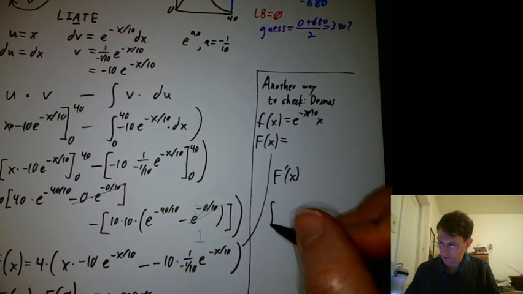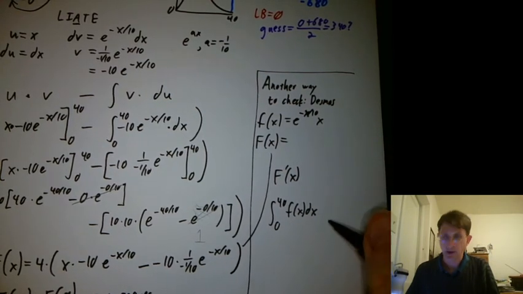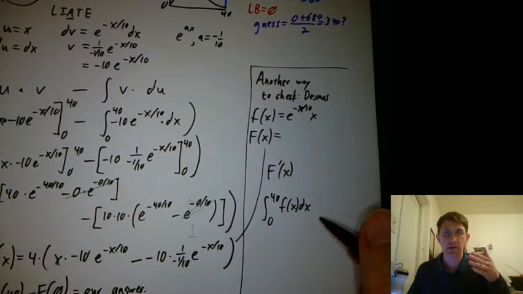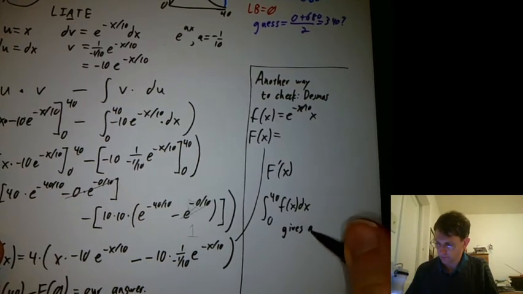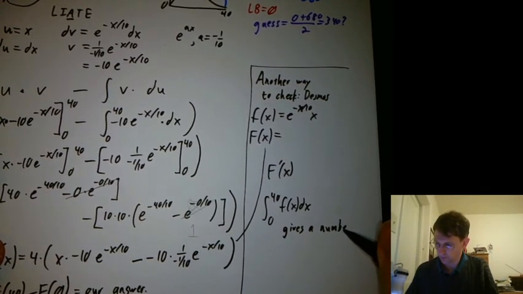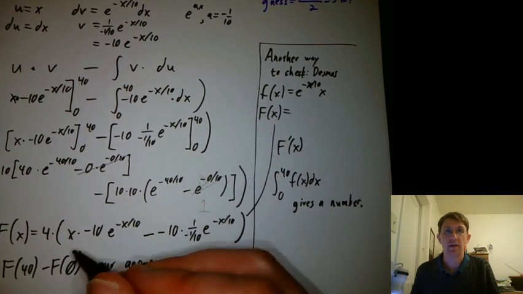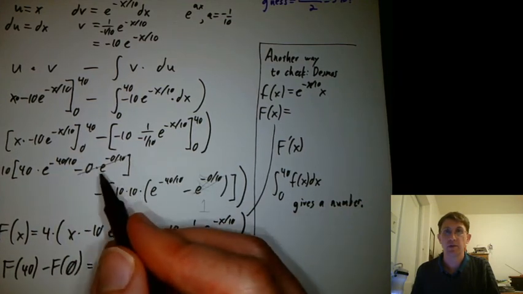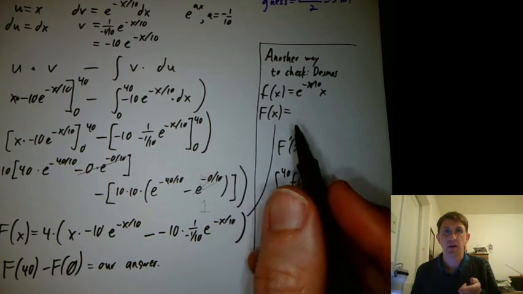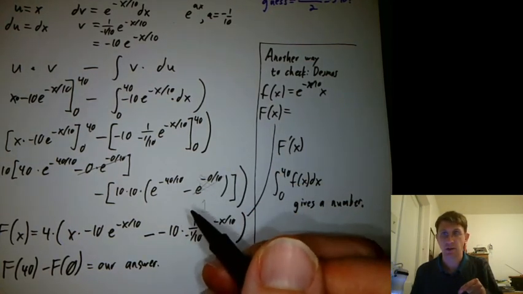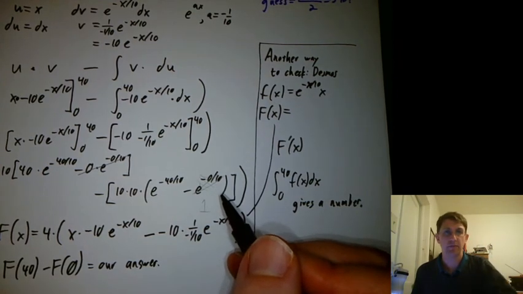You could also say integral 0 to 40 little f of x dx, and that will give a number. Desmos behind the scenes will do something like the trapezoid method. So that gives a number that you can then check against this, or if you really wanted to type all that stuff in. So that helps check not only that we did the antiderivative correctly, but that we plugged in everything correctly and didn't make a mistake like e to the 0, accidentally thinking it's 0 instead of 1, etc.